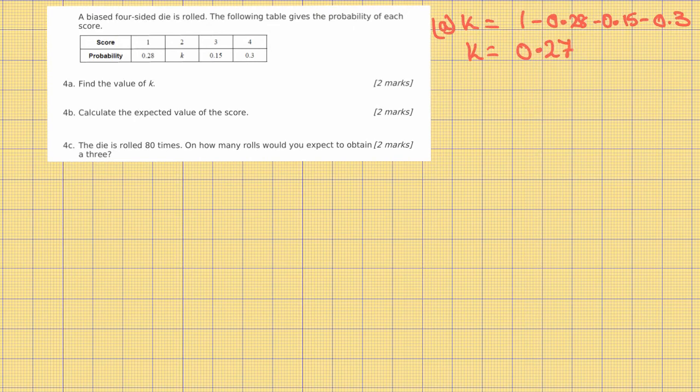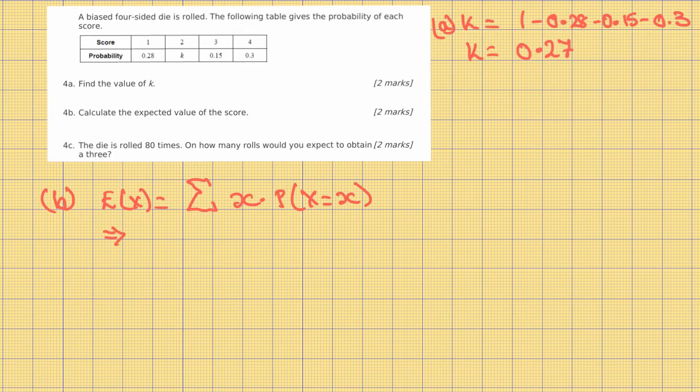B. Calculate the expected value of the score. We know that the expected value of x is equal to the sum of x times the probability that X equals x.